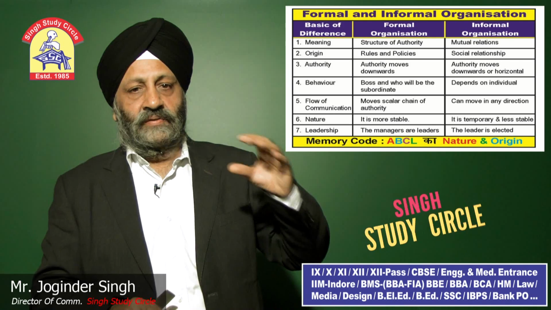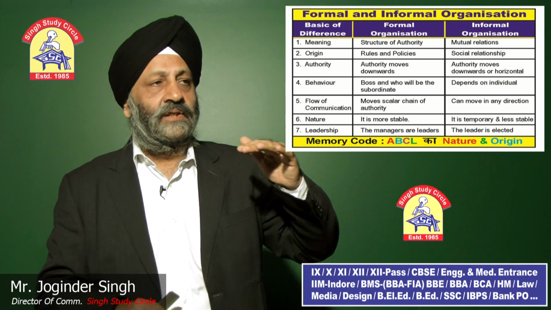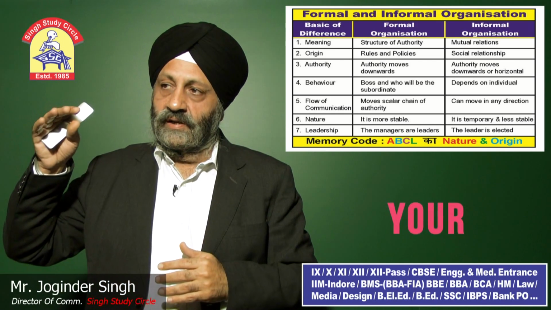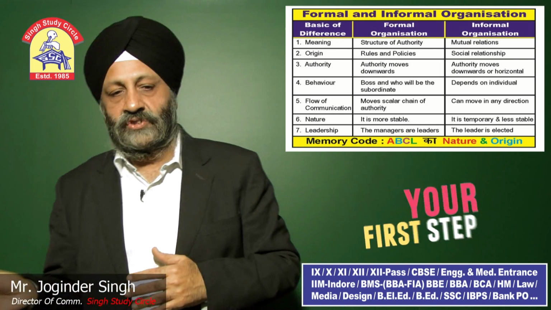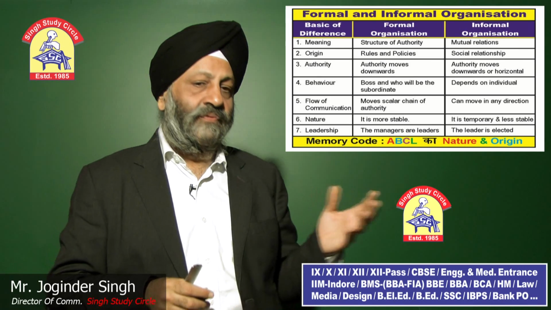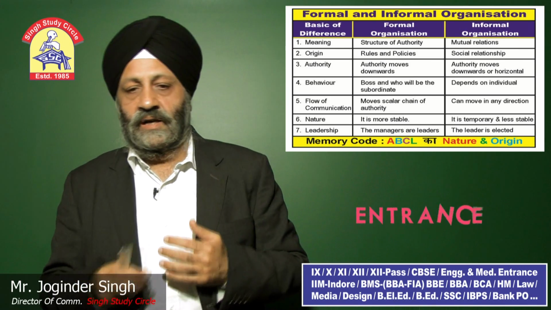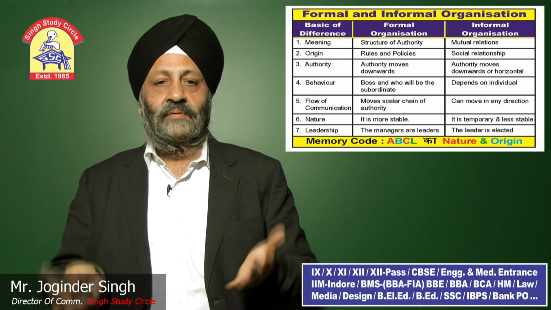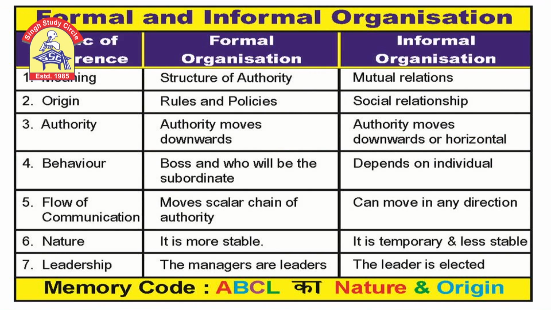Nature: formal organization is very stable, and informal is temporary and not stable. Leadership, the last point: in formal, the managers are the leaders. In informal, the leader is elected by the group. These are the 7 points of difference between formal and informal organization. Thank you.